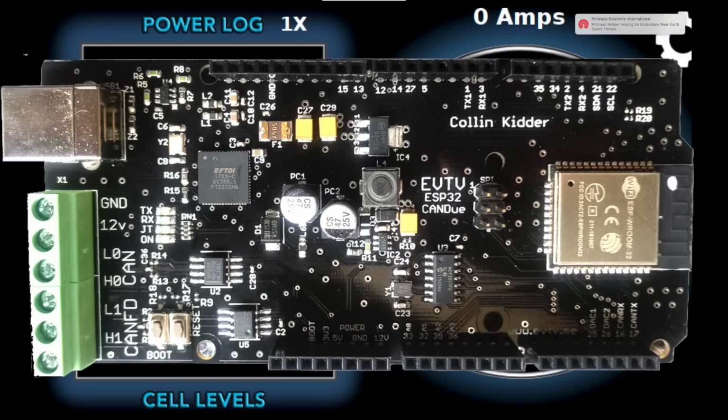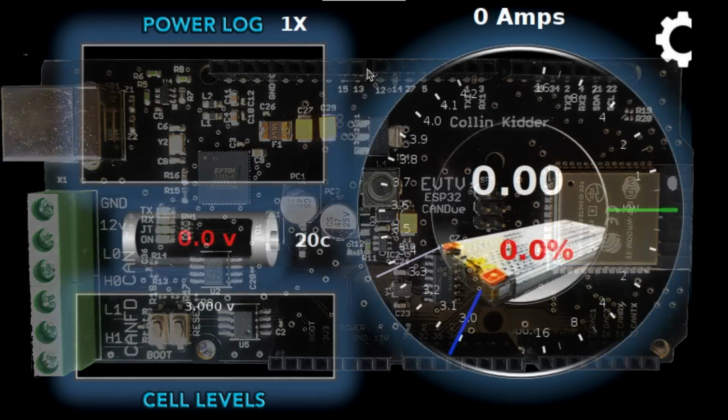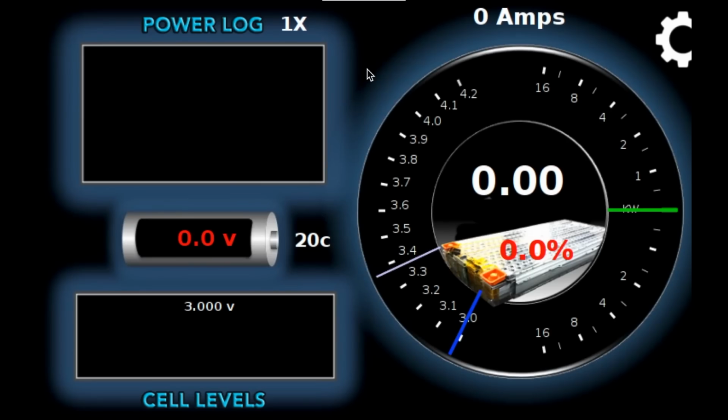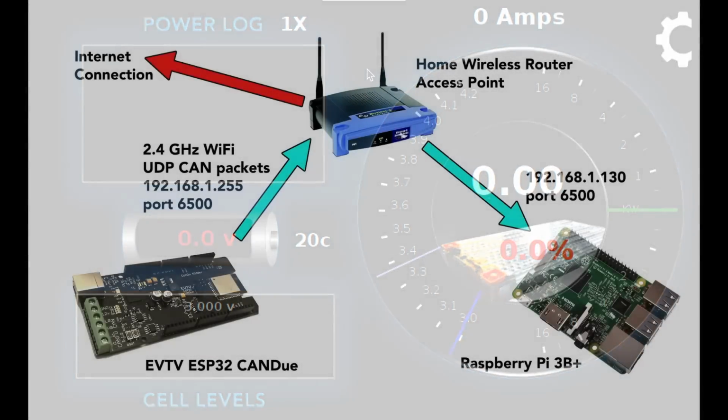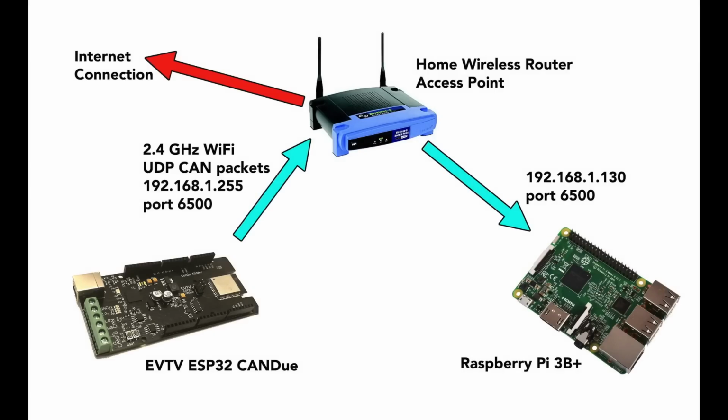What we've been working on recently is the concept of doing CAN wirelessly. And what we're experimenting with today is UDP packets. User Datagram Protocol is a much more basic IP protocol than TCP, Transmission Control Protocol.